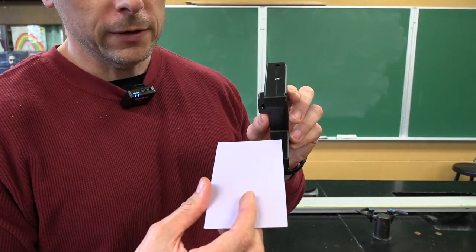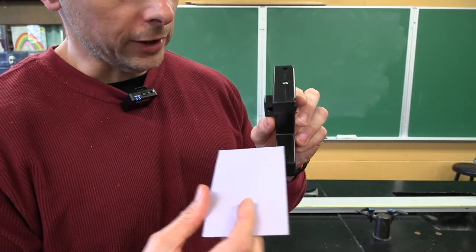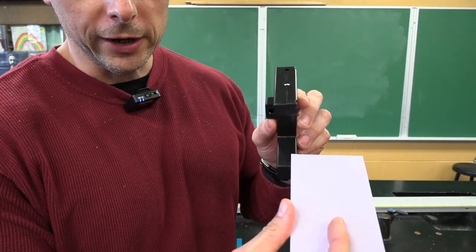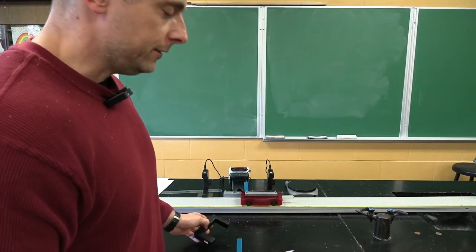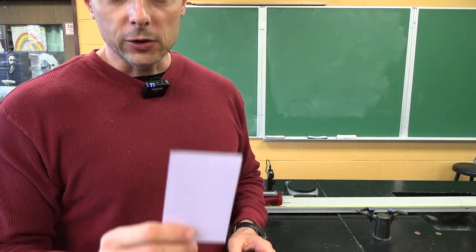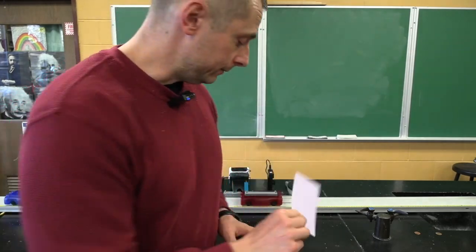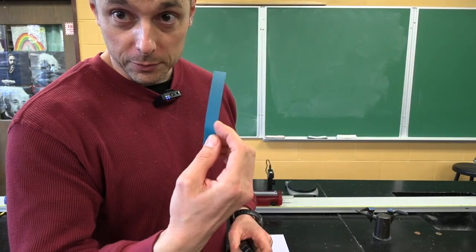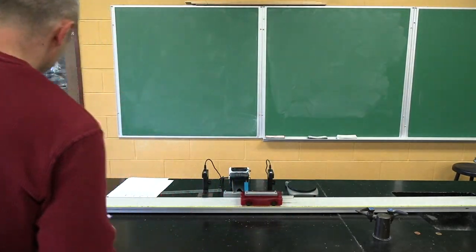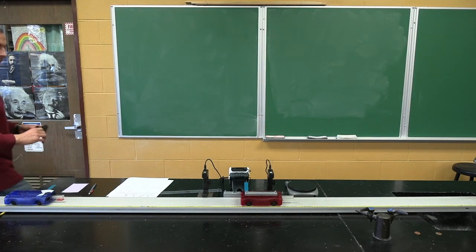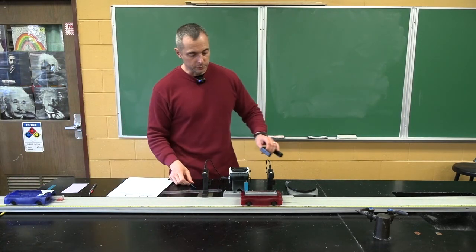So it starts here, stops there. So we're going to get a time, and the distance it corresponds to is the width of this plastic strip. So that's the thing we have to do first, measure the distance that corresponds to the plastic strip.